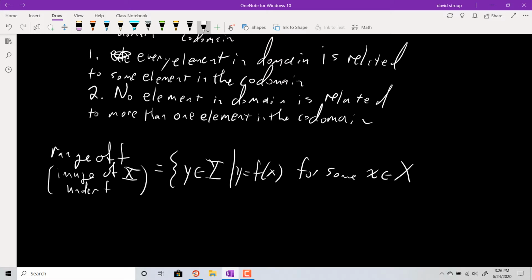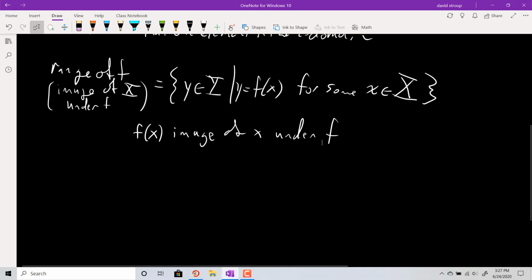So we'll just say some x in big X. Okay. You can also talk about single elements, and that's the f of little x that you see sometimes. So f of x is the image of little x under f, and that will just be a single element as opposed to a set of elements.